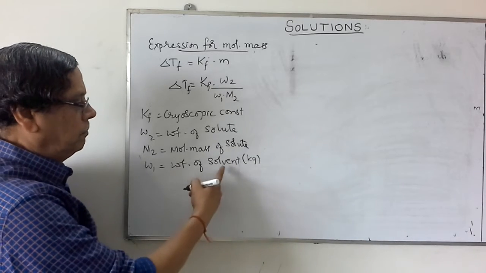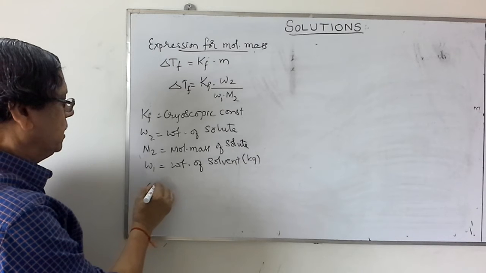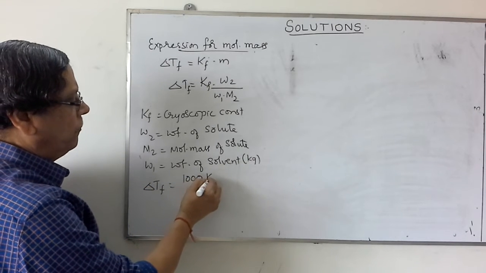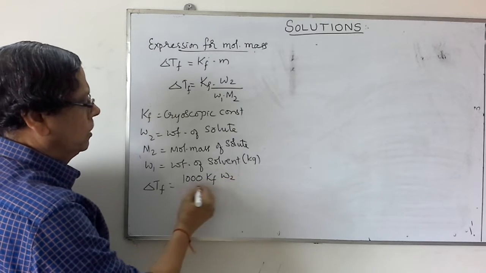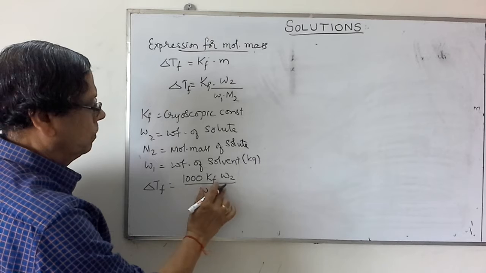But if you write weight of the solvent in grams, then we have delta TF is equal to 1000 KF W2 divided by W1 into M2.